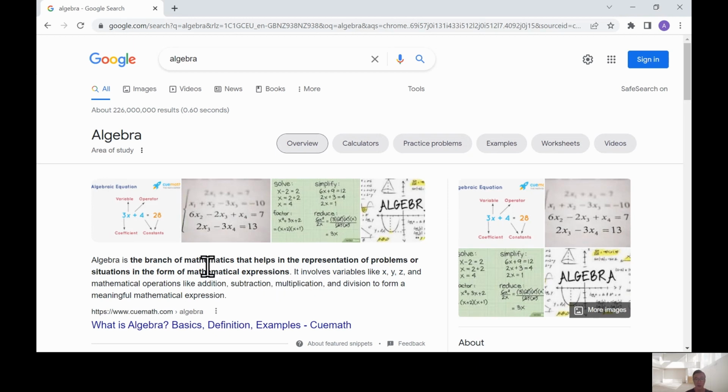So basically, we use mathematics in order to express English representation of problems or other situations. And it involves variables like X, Y, Z, and mathematical operations like addition, subtraction, multiplication, and division to form a meaningful mathematical expression.